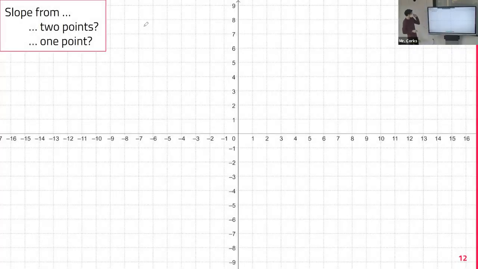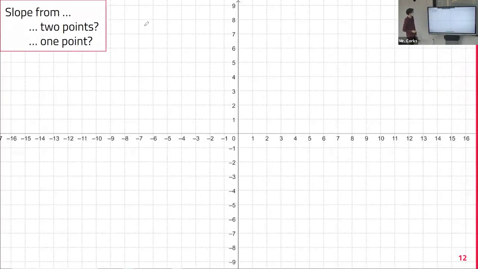All right, so just to get you starting to think about this. If I give you 2 points, let's say here and here, can you tell me the slope between these 2 points? Yes. So this is not a difficult question.